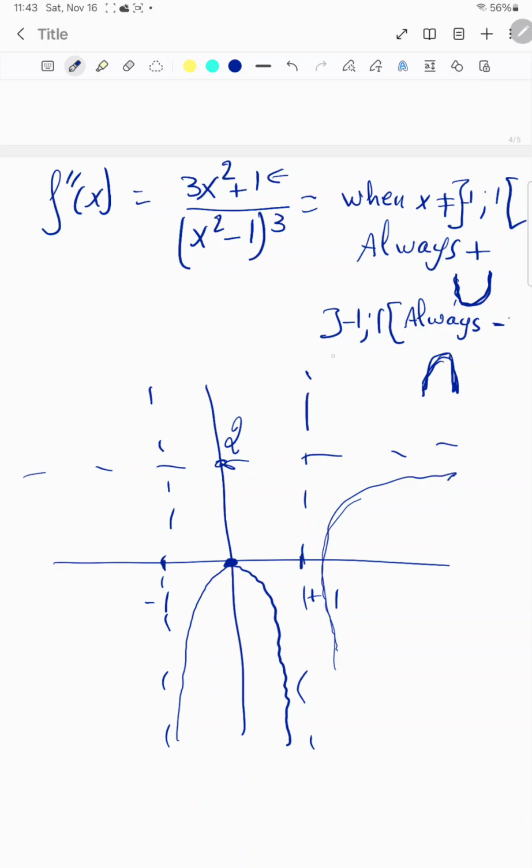This is ascending, so to be descending it should be like that. And my concavity is toward the up. Here my concavity is downward, and this is upward concavity, so it is like that.